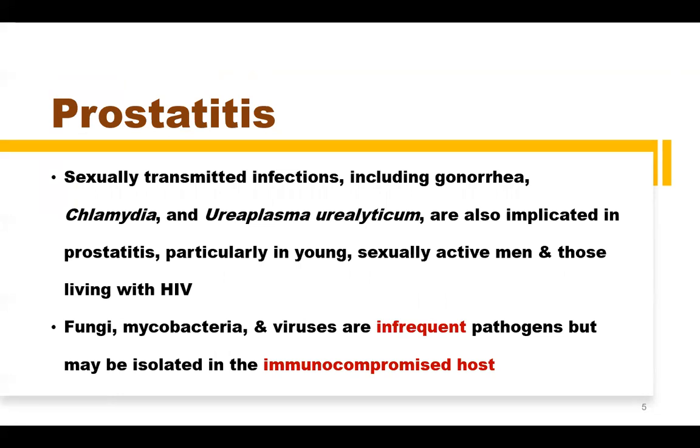Other microbial agents such as fungi, Mycobacterium tuberculosis, and viruses are infrequently associated with the condition, particularly in immunocompromised hosts. Because they are immunocompromised, any other organism may become a significant pathogen in this situation. But if you have an immunocompetent male patient, you won't be thinking of fungal agents. Okay, is that clear?